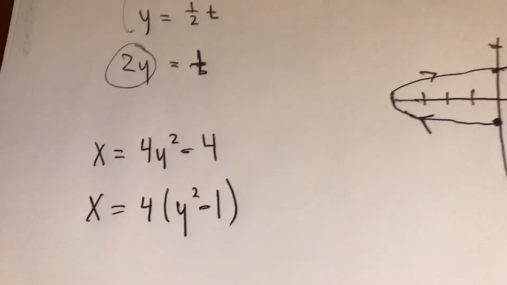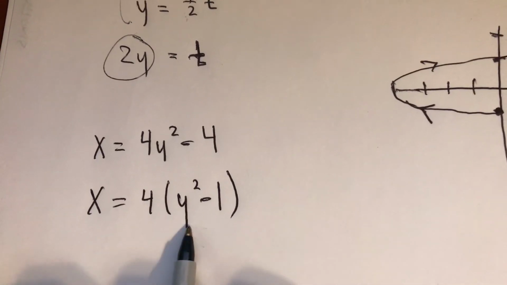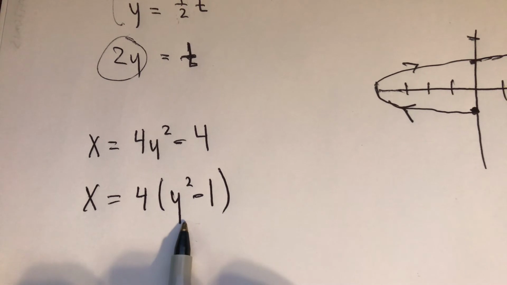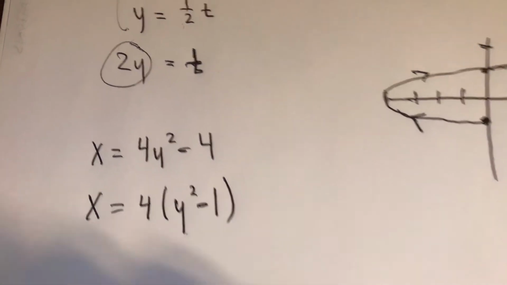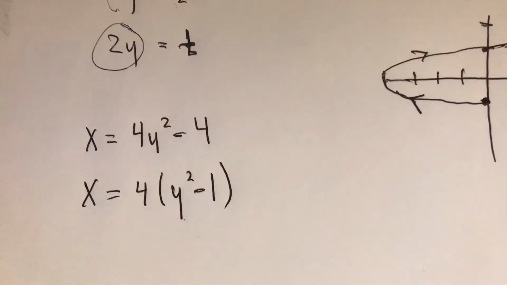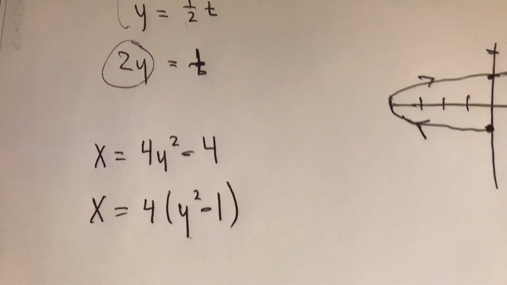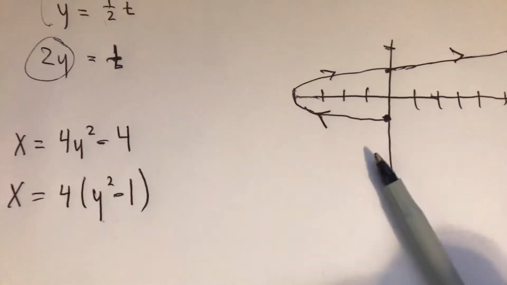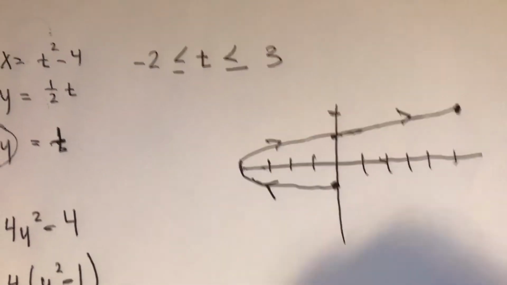We know that this is a sideways parabola, right? And so we can determine that that is indeed the correct type of graph.